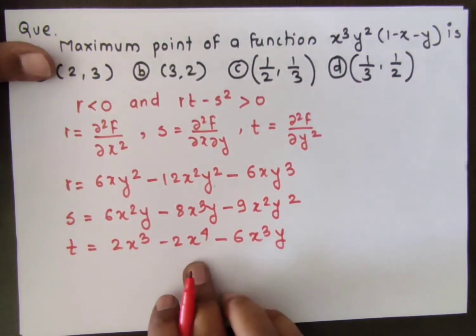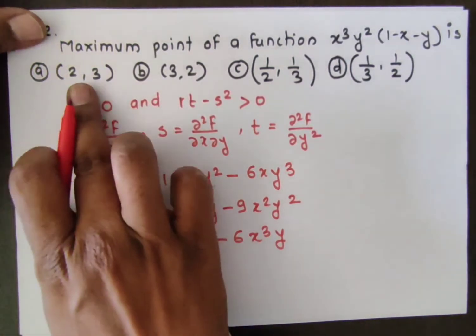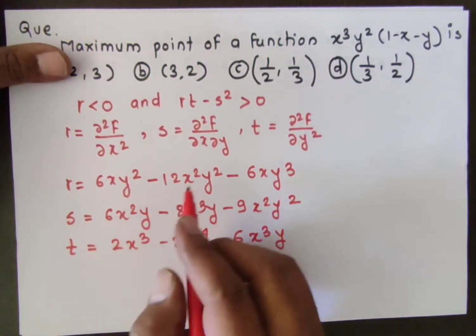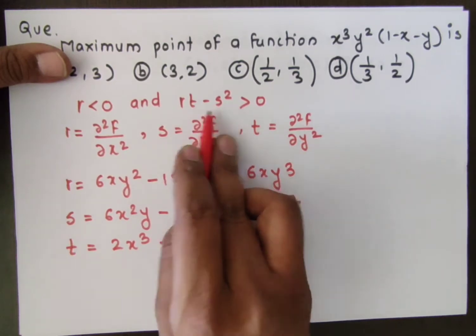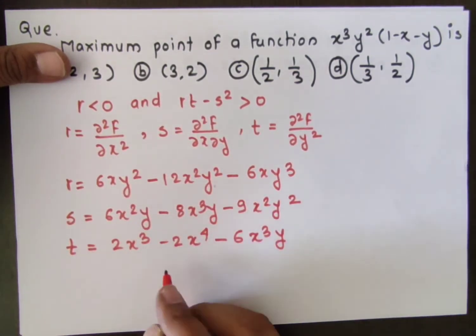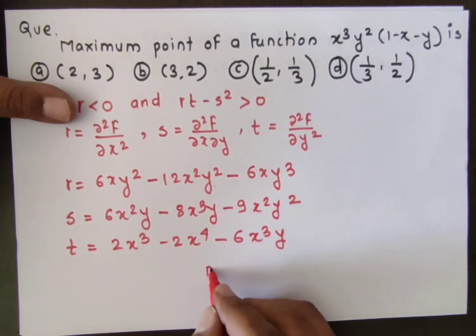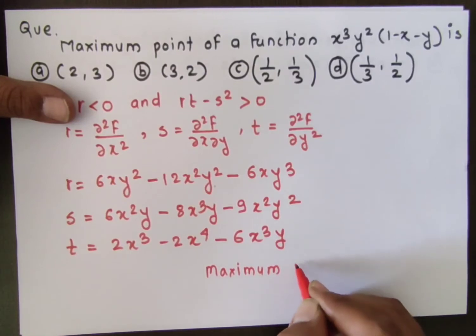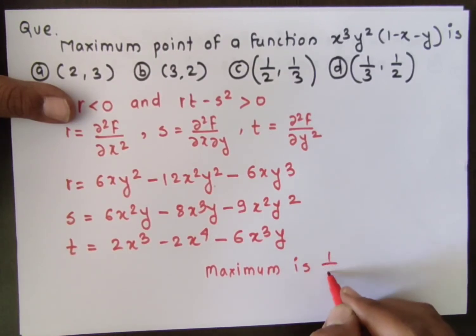Once we get these values, we need to substitute the points into r, s, t and find the value of rt minus s square and r. By solving this, we get the maximum point is 1 by 2 comma 1 by 3.